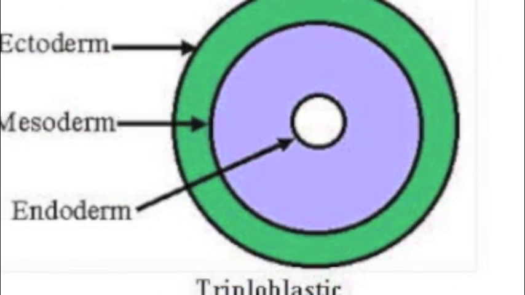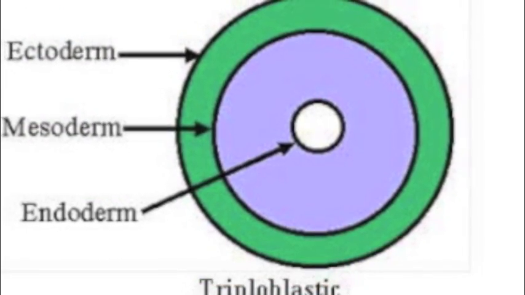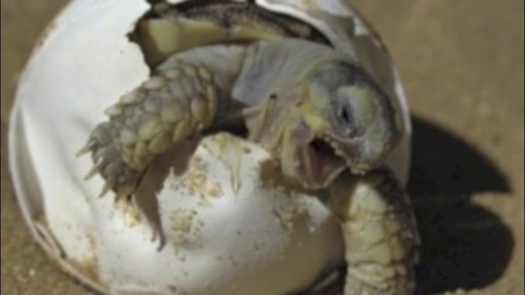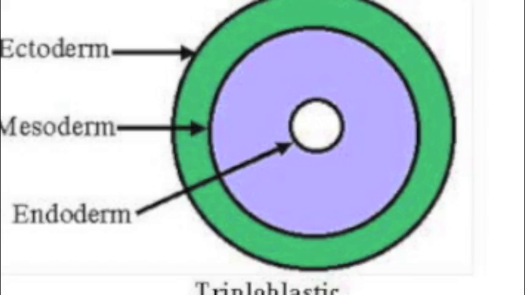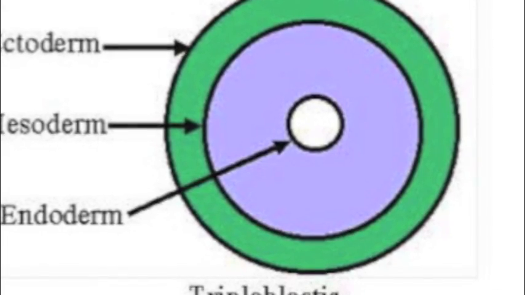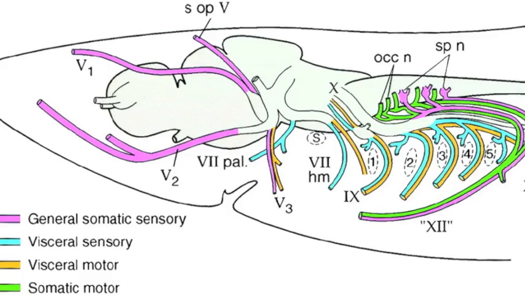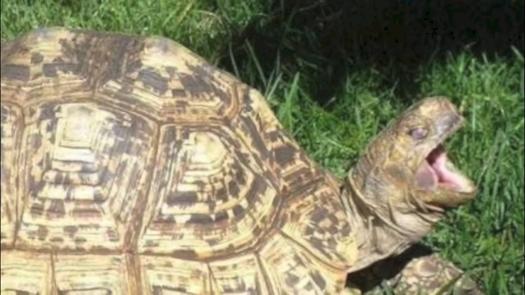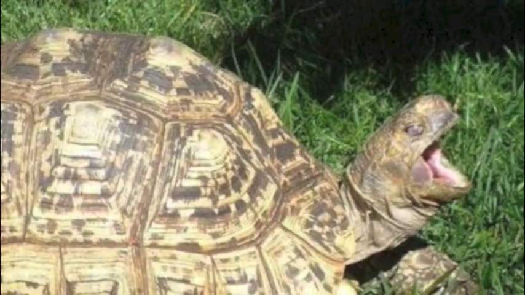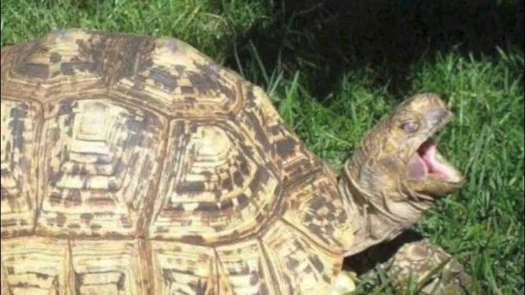Leopard tortoises are also triploblastic animals. This means that their embryos were composed of 3 embryonic cell layers: the ectoderm, mesoderm, and endoderm. The ectoderm differentiates to form the nervous system, tooth enamel, and the epidermis. It also forms the lining of the mouth, anus, nostrils, sweat glands, nails, and shell of the leopard tortoise.